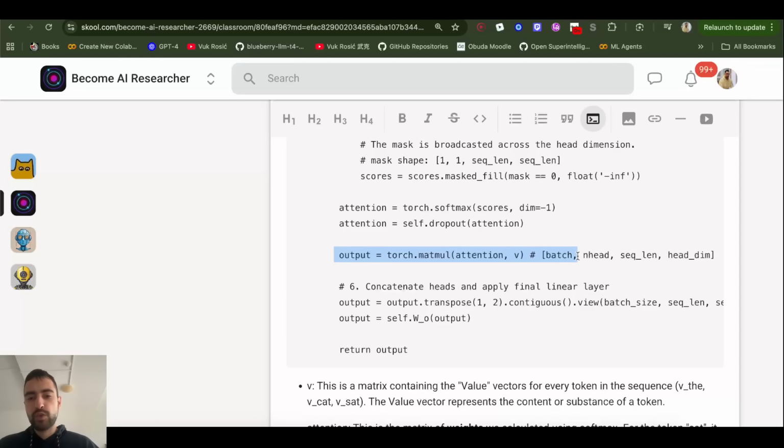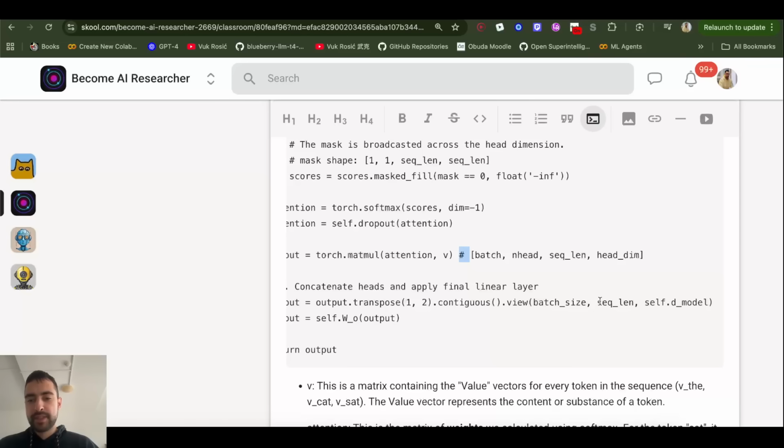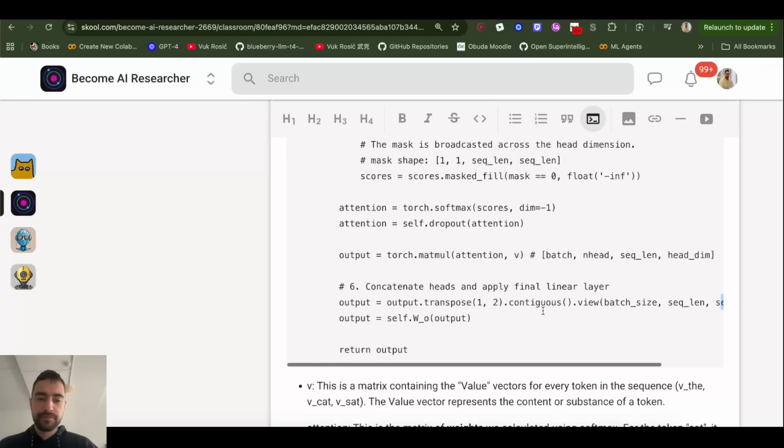And then after we do that, we need to go back by swapping heads and sequence length. So now we need to put sequence length after batch. And so we have sequence length, and then we will combine number of heads and head dimension to get model D, because now we want to transform from the query value space into the token space.